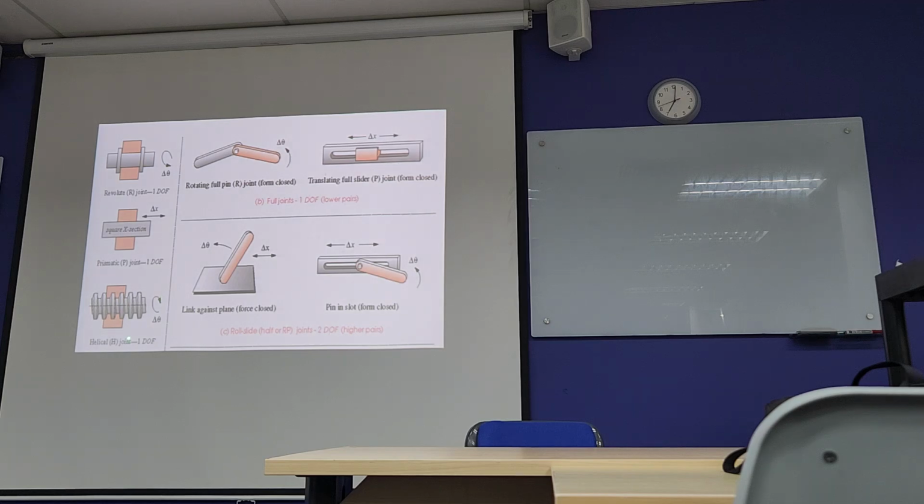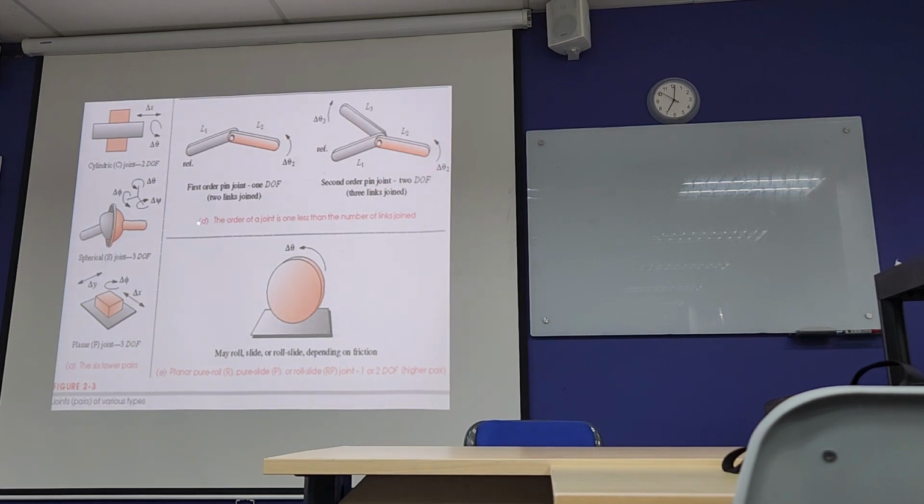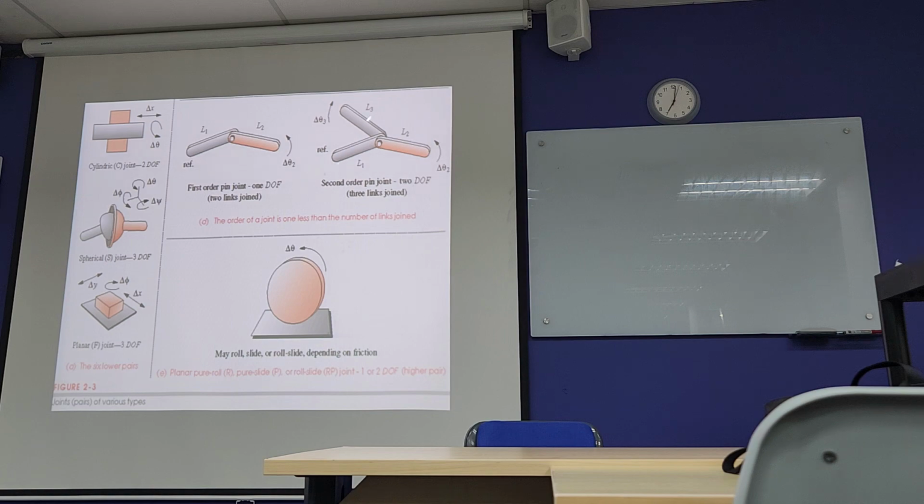This is a helical joint, angular displacement, degree of freedom 1. Here 2 links are joined, so the degree of freedom is 1. Now you can see 3 links are connected, so you need to know the angular displacement for link 2 and link 3. The degree of freedom in this case is 2. That means you need to know 2 coordinates to describe the motion when 3 links are connected.